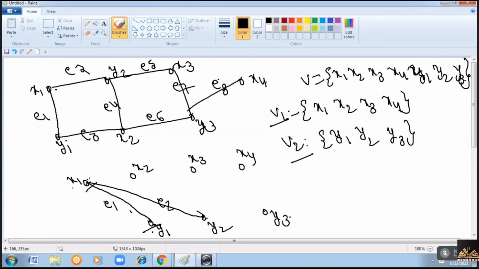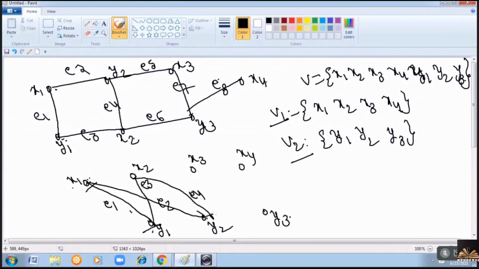E3 is between X2 and Y1. As it is undirected, I can use the word between, not from or to. Same thing: this edge E3 contains one vertex in V1, one vertex in V2. Let me draw the remaining edges like this. E4 is between X2 and Y2.